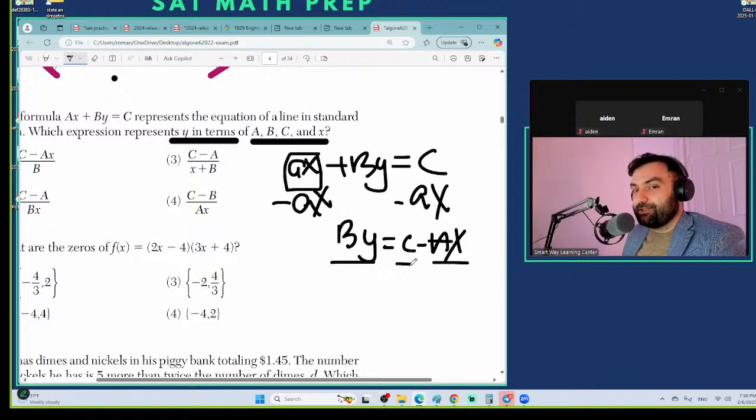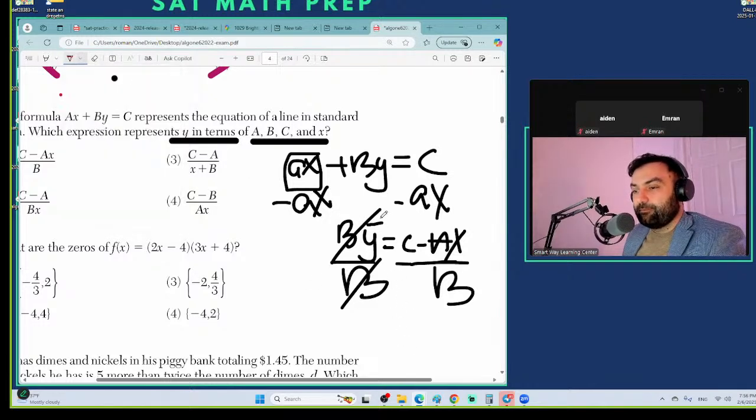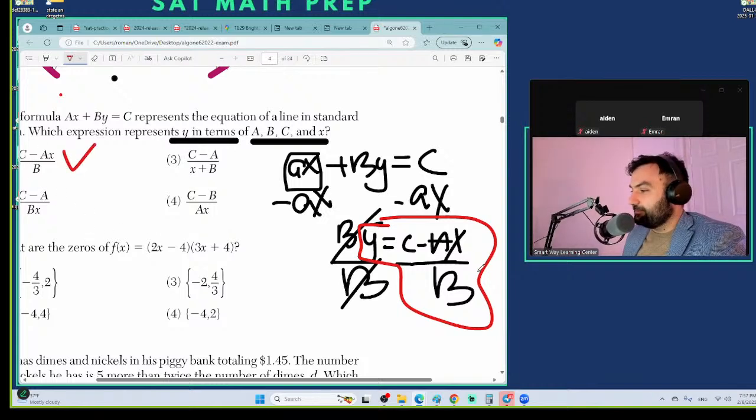Look at this, there is no separate fraction, so it means that everything was divided by b, which is also a possibility. So we cross out b here and b there, and we get y equals c minus ax over b. That's the answer.